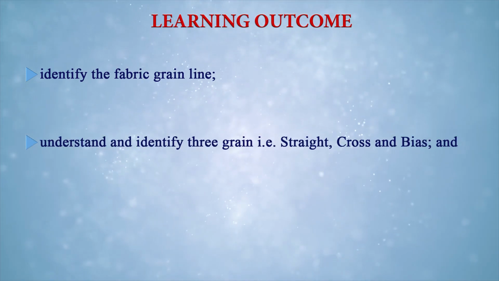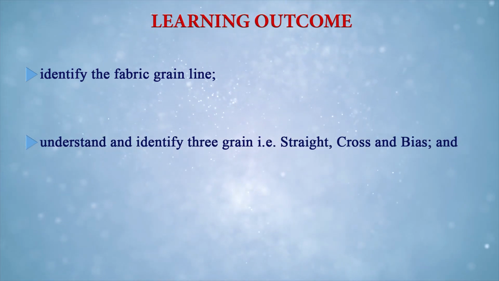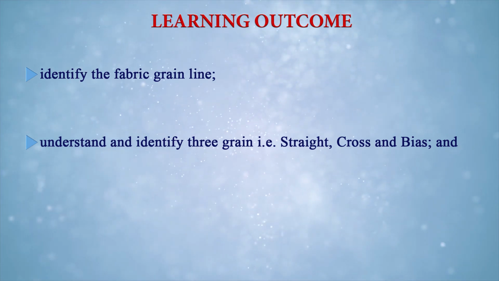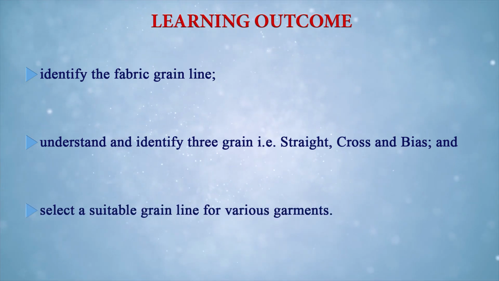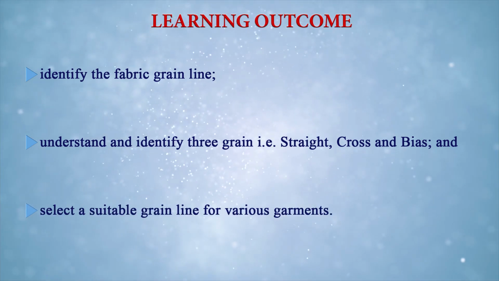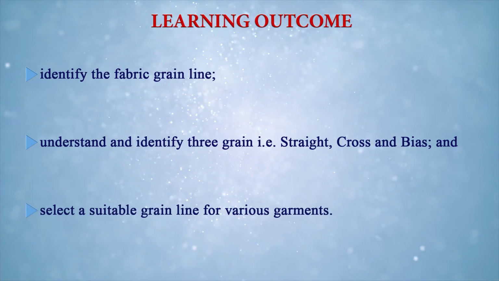Then you can understand and identify 3 grains, the straight grain line, cross grain line and bias grain line, and then you can select a suitable grain line for various garments. When you understand that there are 3 different grain lines, straight, cross and bias, you can select which grain is suitable for your design and for the garment construction.